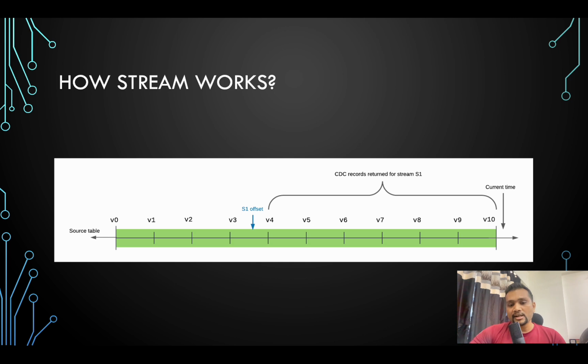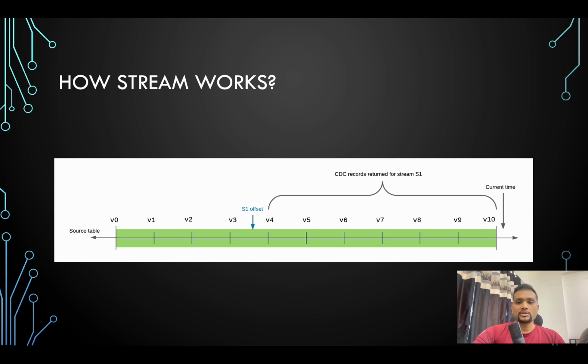When you create the stream on the table, the stream also has an offset value, and that offset value will be set at V3. Now you perform some DML operations on that table, or you add some files onto the stage, which is called a directory table, and then Snowflake will start adding new versions.